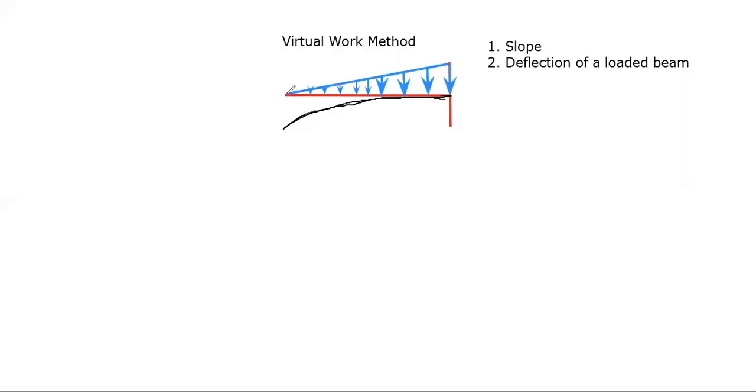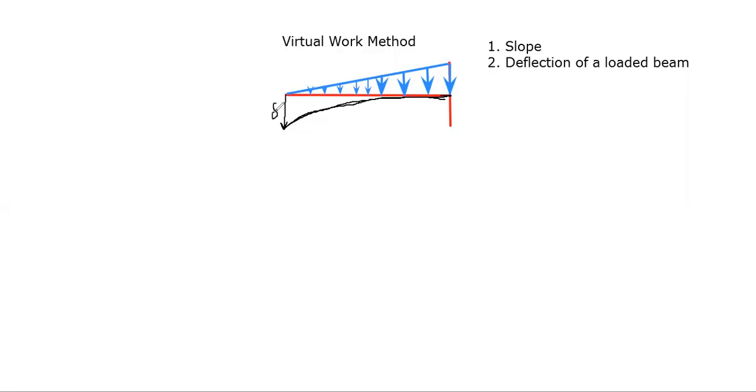Originally, before the application of the load, the axis of the beam was straight, but under the action of the load, the beam has taken a curved shape. Initially the point was here, now it has moved to this position, and this is what we call the deflection.